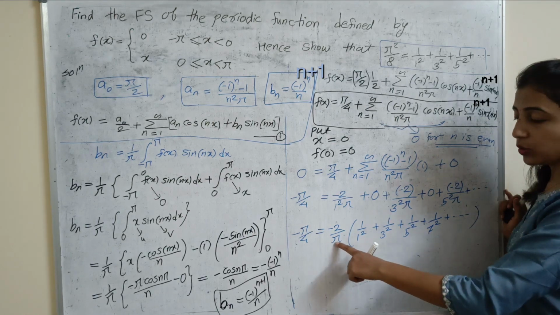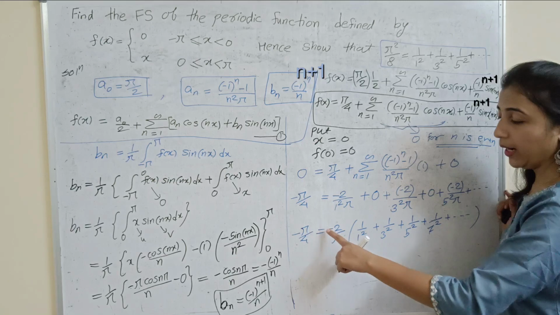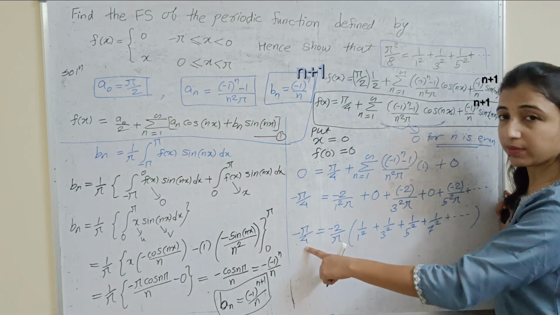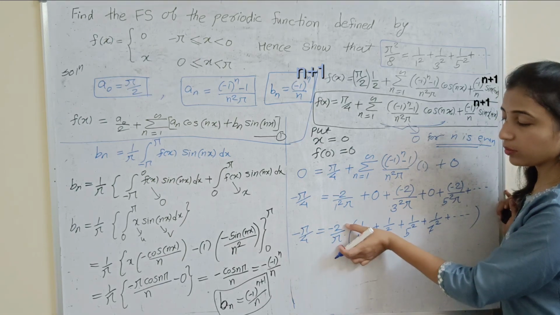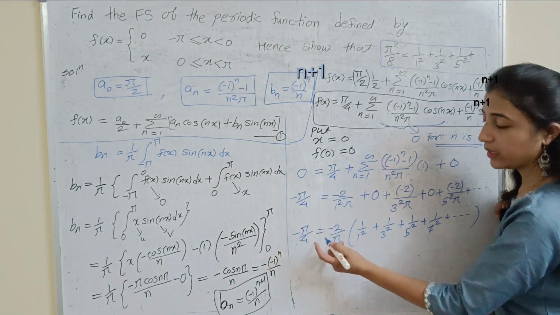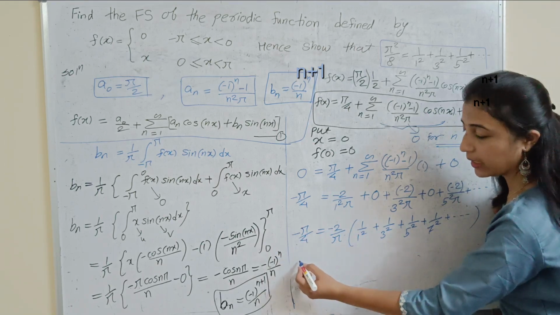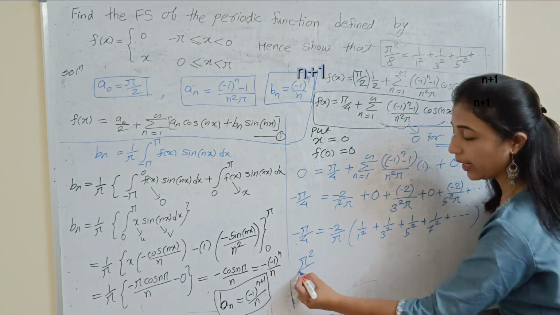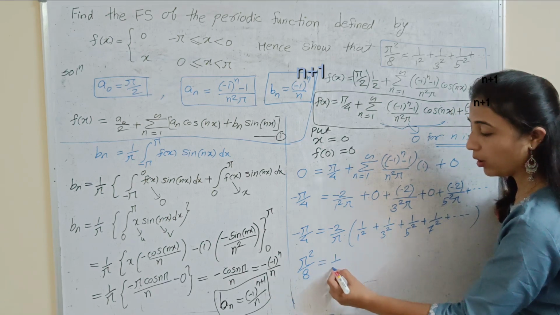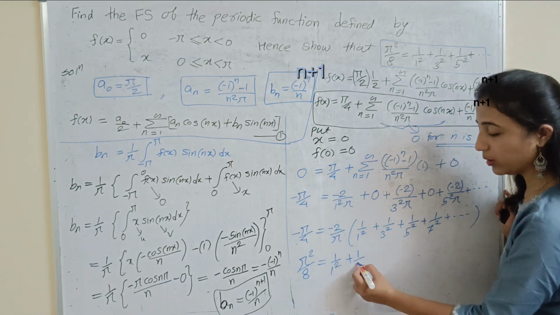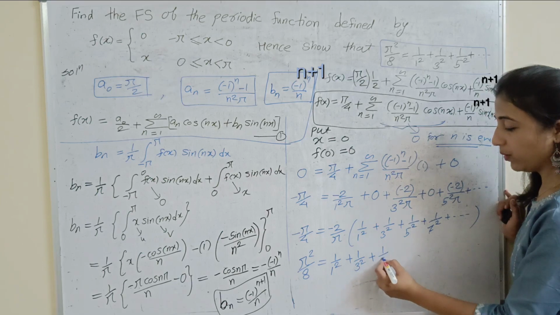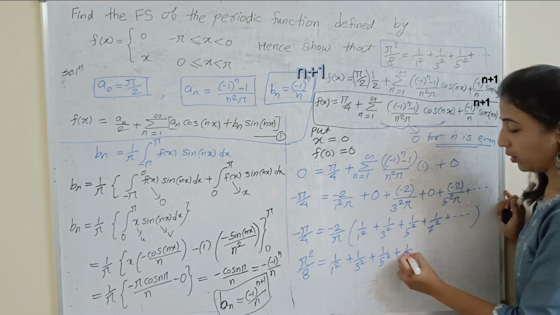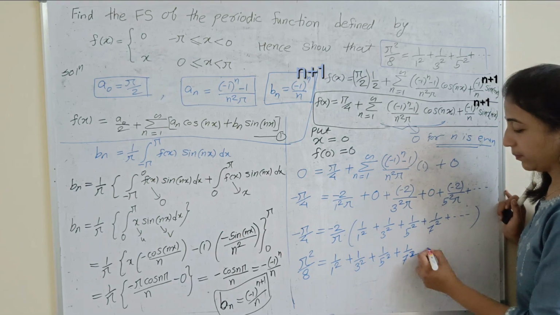Now shift this term. Division term shifting will be multiplication, and multiplication shifting will be division. So this minus term we are shifting to the left hand side, so this minus also gets cancelled. So pi square by 8 is 1 upon 1 square plus 1 upon 3 square plus 1 upon 5 square, and so on up to infinity.